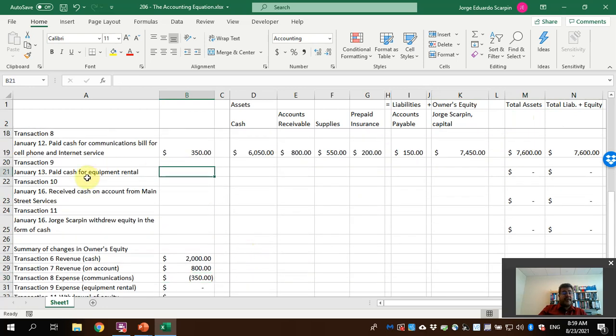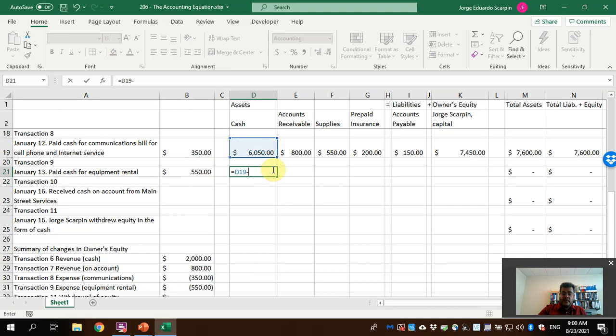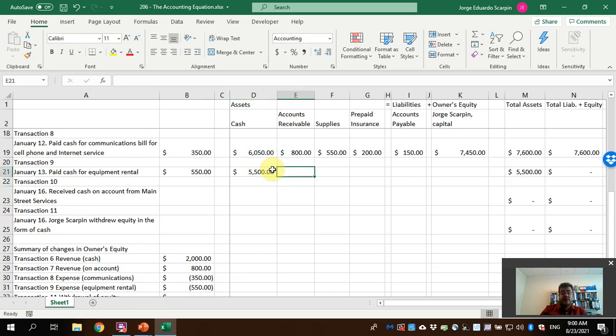Transaction 9, cash for equipment rental. Let's consider here $550. Here guys, we are not purchasing it, so it is not an asset. It is just money to operate our business. If we pay cash, decreasing our cash, $5,500.